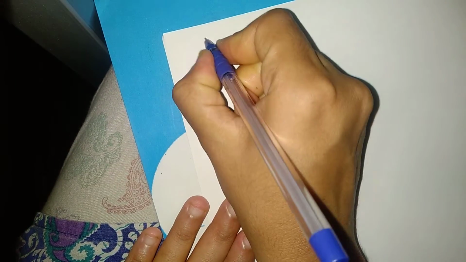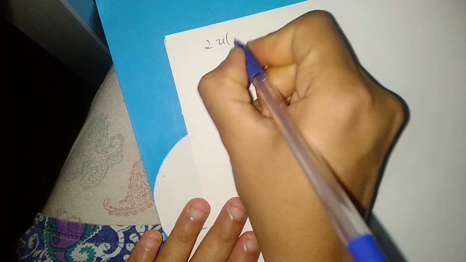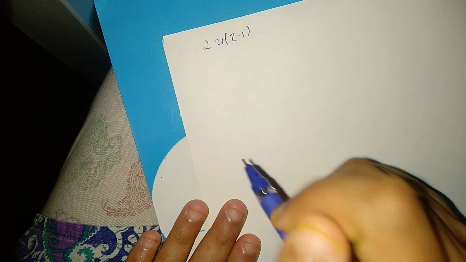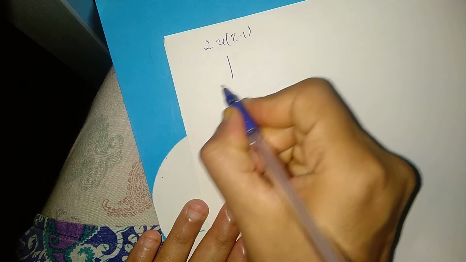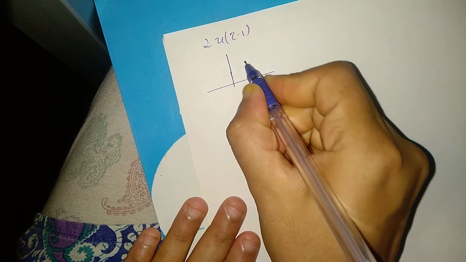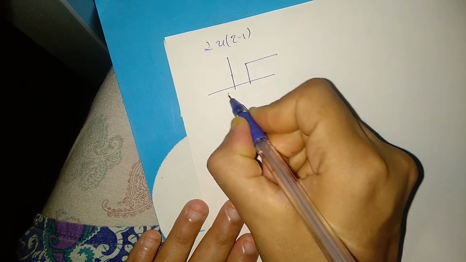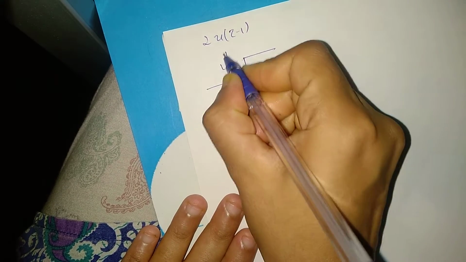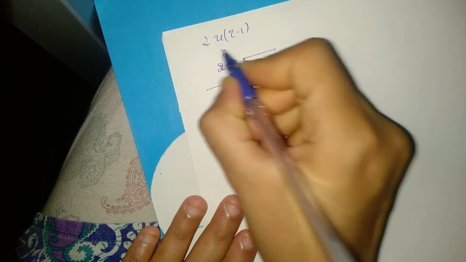Now let us plot 2 into u of tau minus 1. U of tau means starting from 0 to infinity. Tau minus 1 means I am shifting this by 1, right? This is 0, this is 1, this is tau, with an amplitude 2.